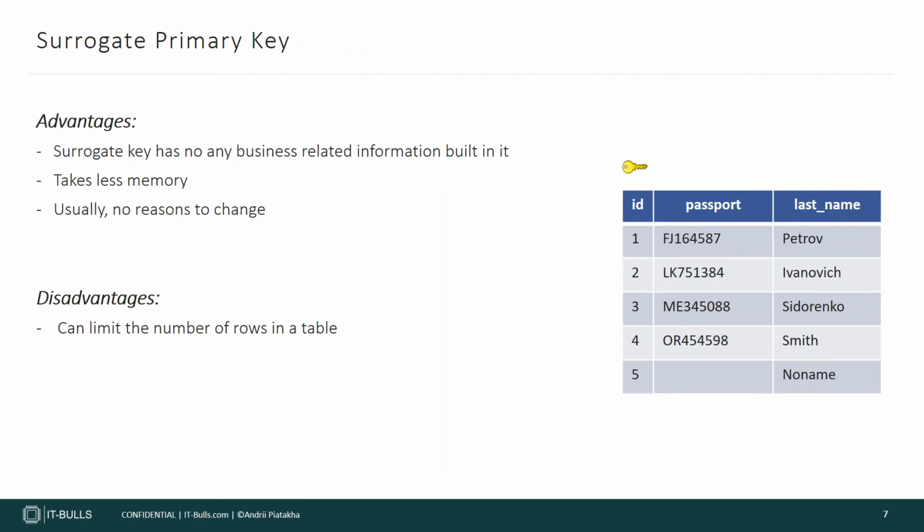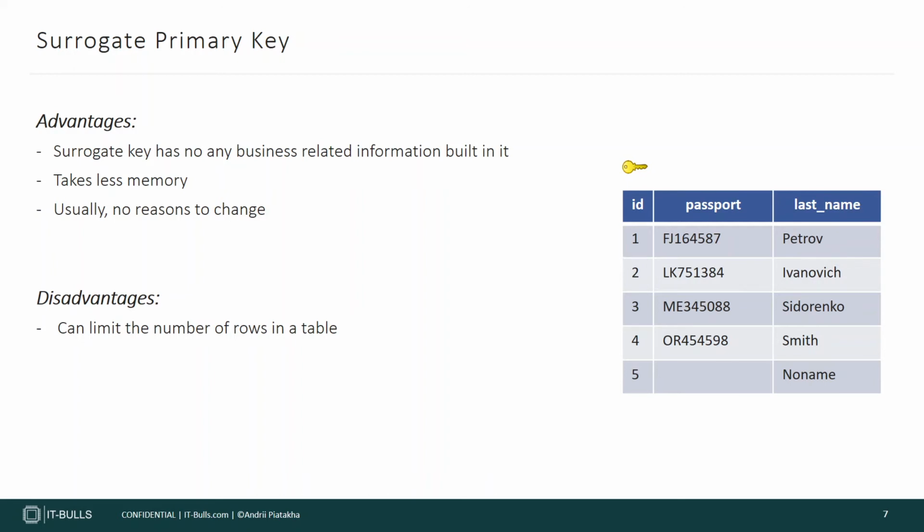Summarizing all the above, let's come up with the advantages of surrogate keys. A surrogate key has no business-related information built into it. This makes things easier. We shouldn't worry about updating it in all related tables, performing cascading operations in case some business-related information from the primary key has been changed.